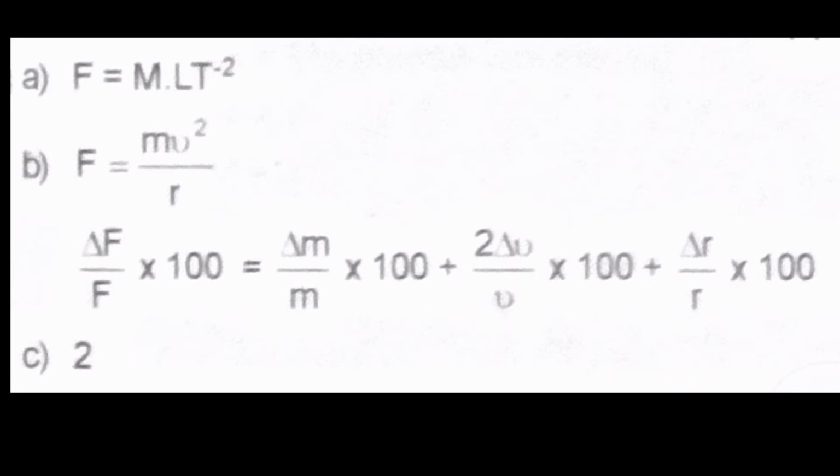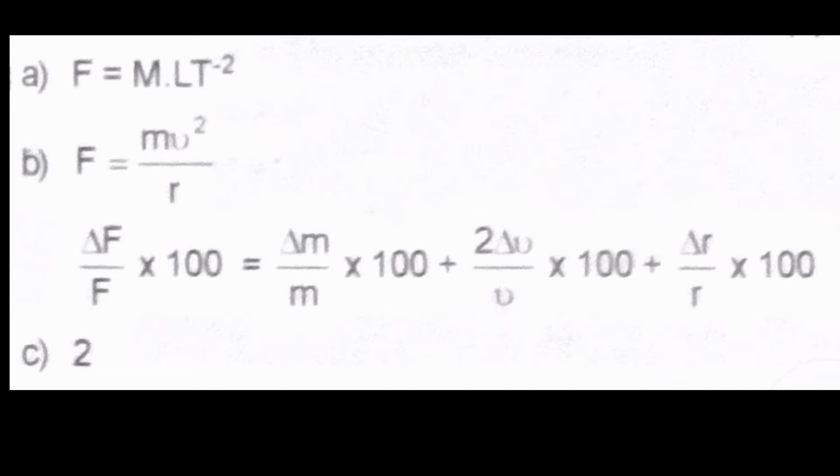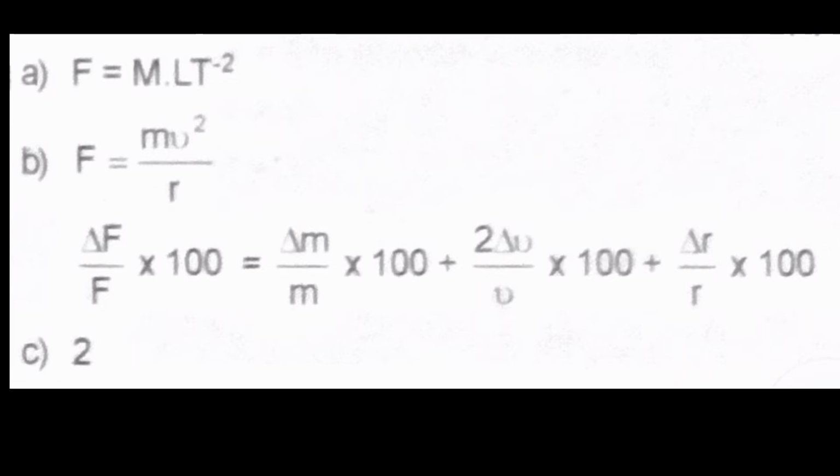That is, delta F by F into 100 is equal to delta m by m into 100 plus 2 into delta v by v into 100 plus delta r by r into 100. So that is the equation for finding the percentage error in the case of centripetal force. Is it clear? Can we move to the next question?